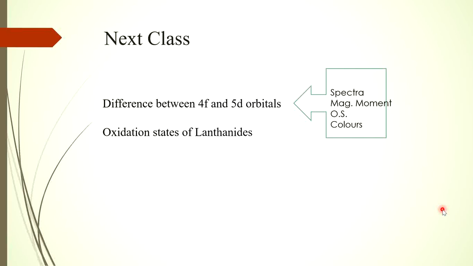Through this difference between 4f and 5d orbitals we can look into the difference of spectra, magnetic moment, oxidation state, colors between these d block and f block elements, because the nature of 4f and 5d orbitals are very much different, and therefore the spectra, magnetic moment, oxidation state, and colors of 4f and 5d block elements have different characteristics. And in the next class we will also look into the oxidation state of lanthanides.